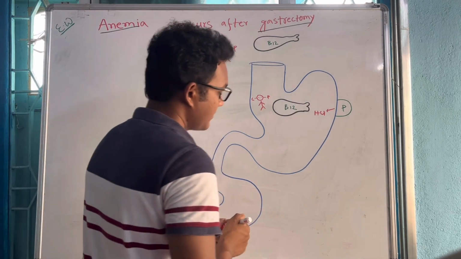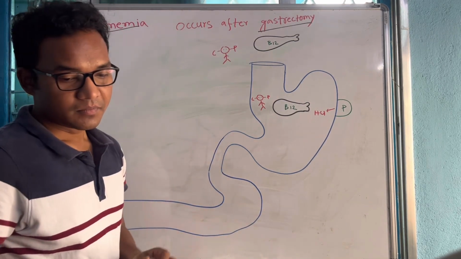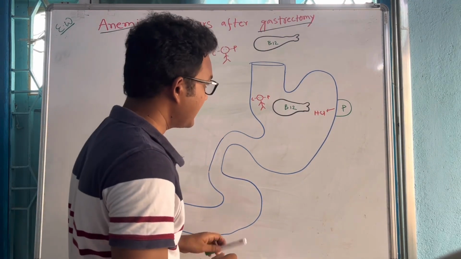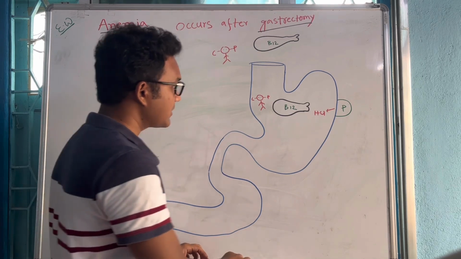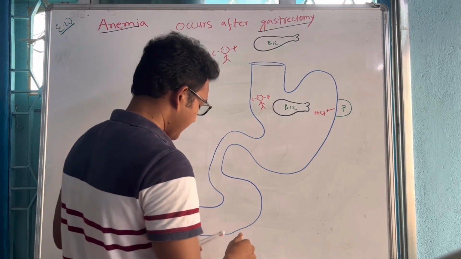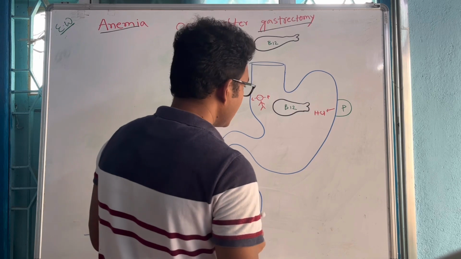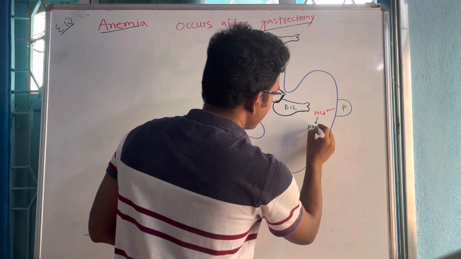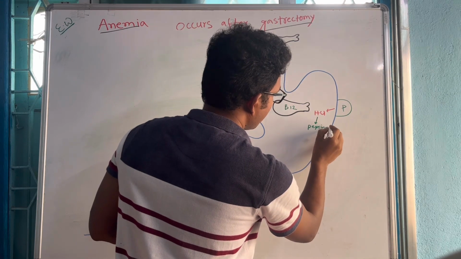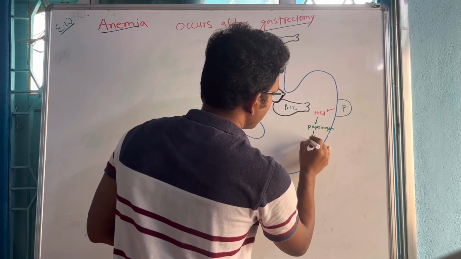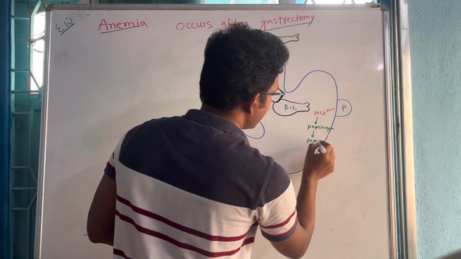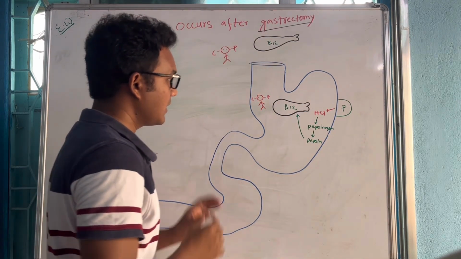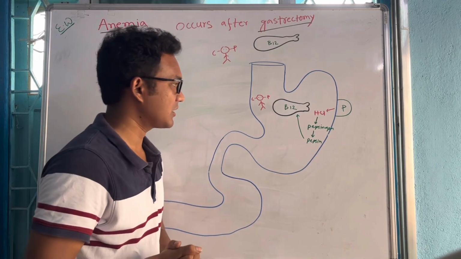We all know that HCl also helps in converting pepsinogen to pepsin, and this pepsin will come and destroy the relation of vitamin B12 with the protein structure.